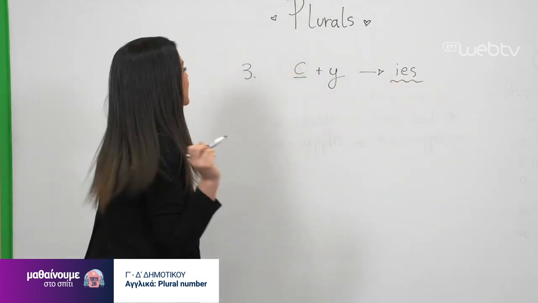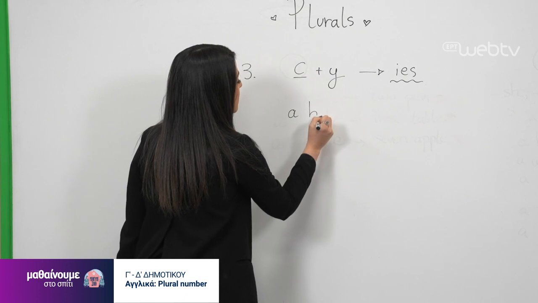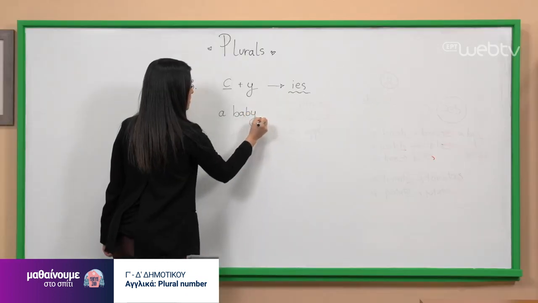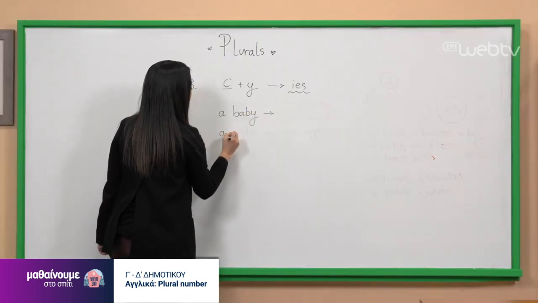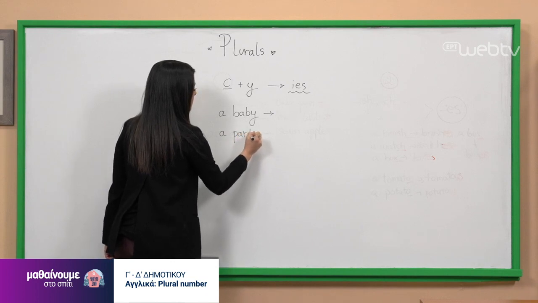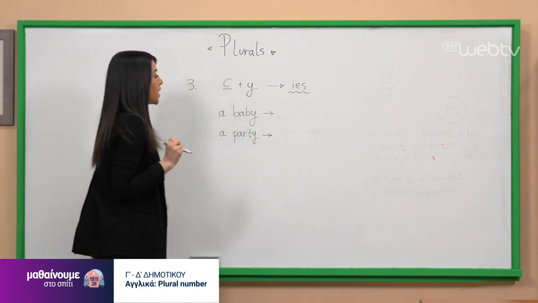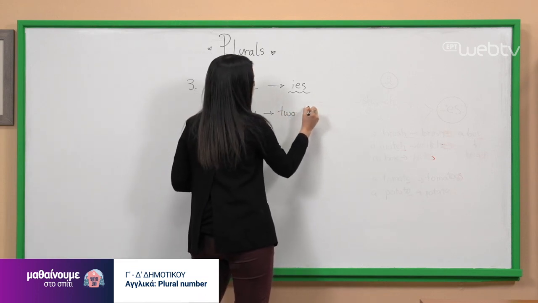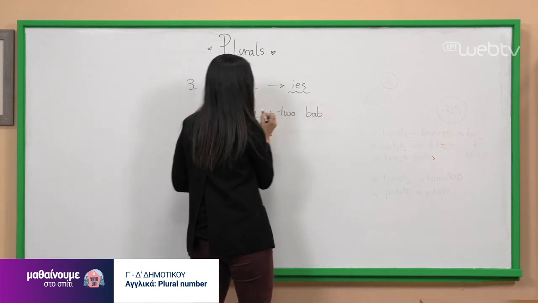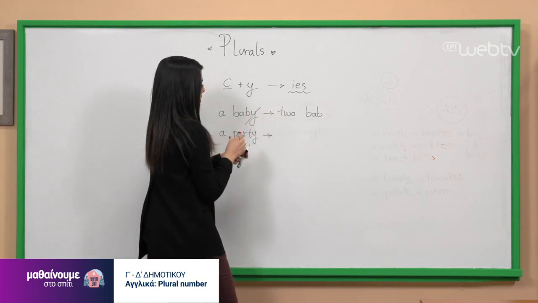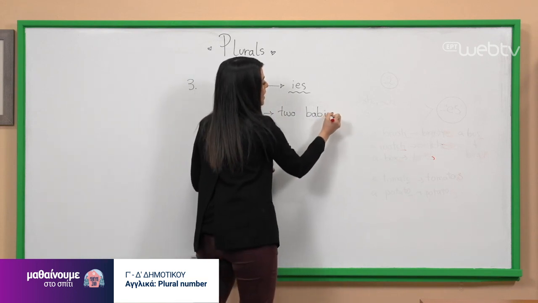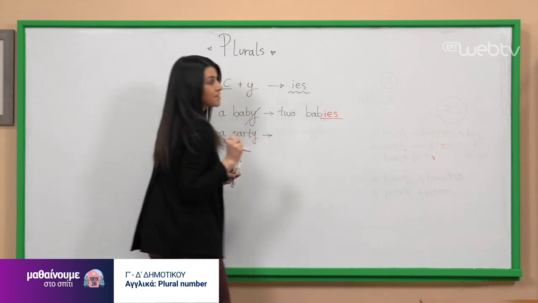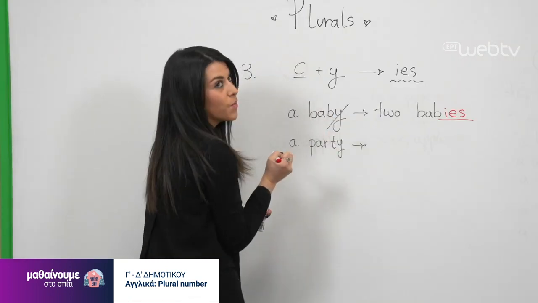For example, let's take a baby, okay, and a party. So, what do we do? A baby, 2 babies, we take out the Y, and we put I-E-S, babies.